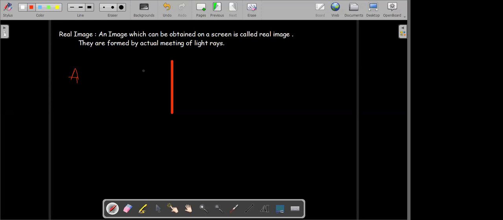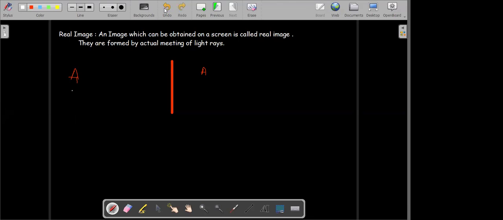So why does it happen? Just 1 minute, 1 minute. I still have not covered the real image. Okay, so here in the mirror, I see the letter A written. Now, can I somehow bring that A onto a piece of white paper? I have a piece of white paper placed in front of the mirror.